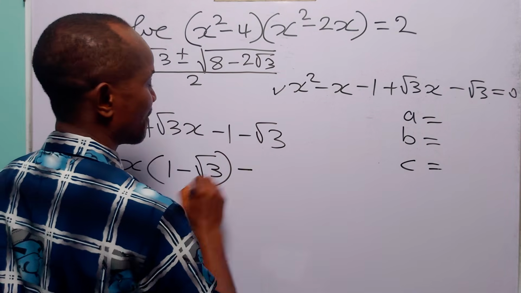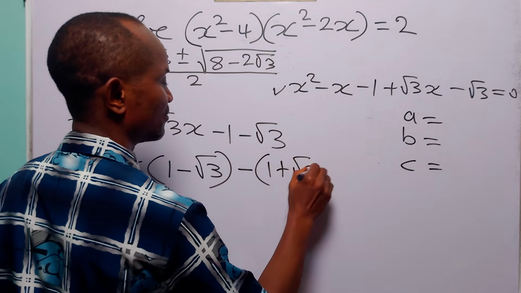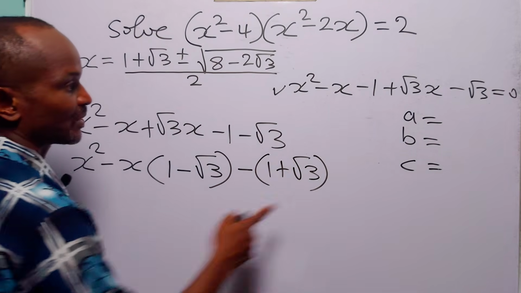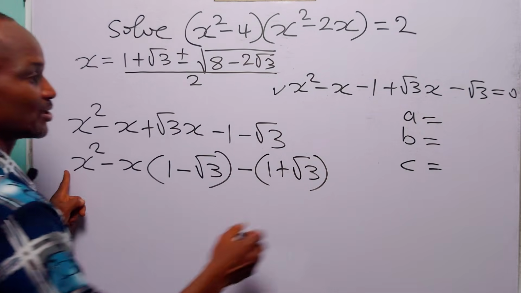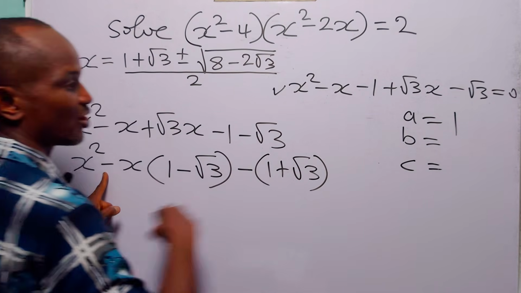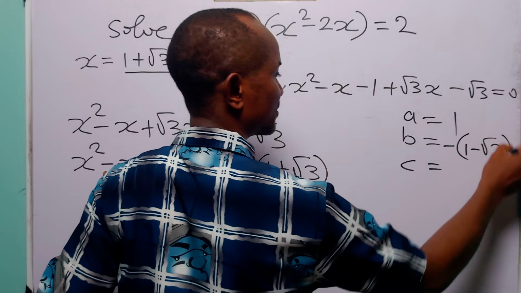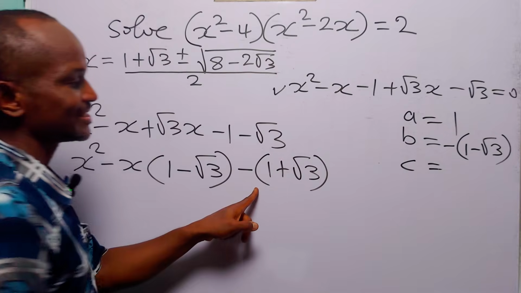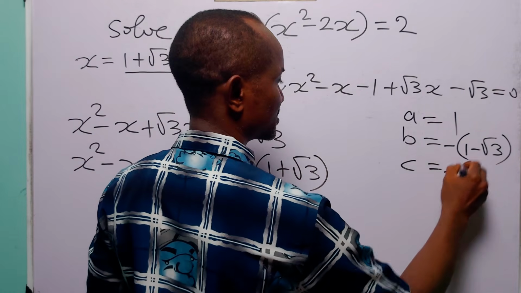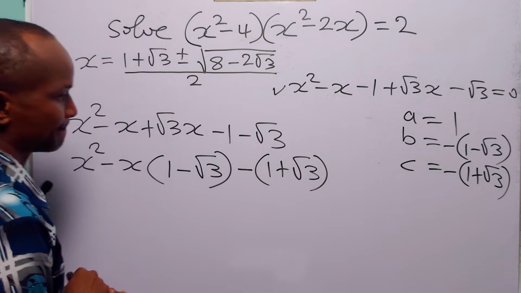Then we have minus 1 plus root 3. So here a is still 1. B is still minus 1 minus root 3. And c is minus 1 plus root 3.